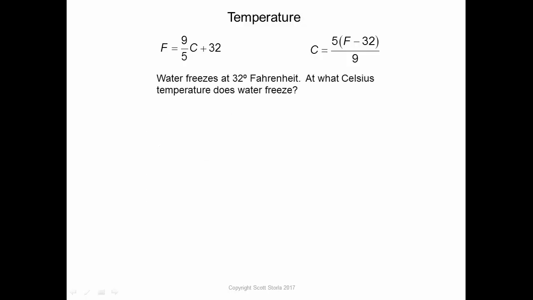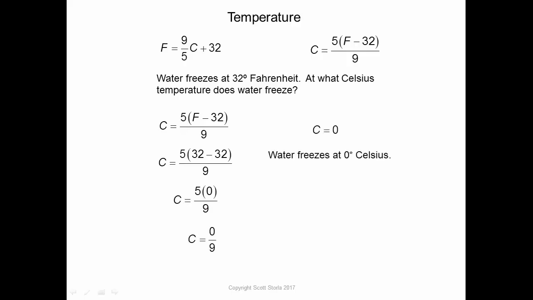See if you can answer this question. Since I'm trying to find a Celsius temperature and I've been given the Fahrenheit temperature, I'd begin with this formula, substitute 32 for F, follow the order of operations on the right, and find that water freezes at 0 degrees Celsius.